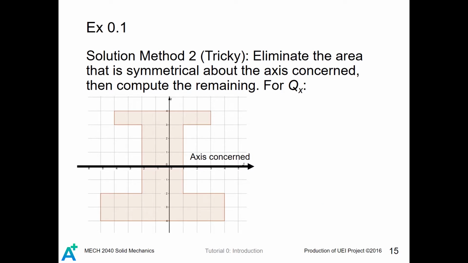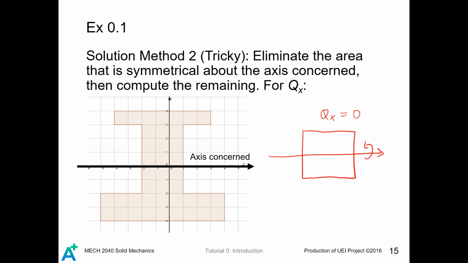Another method, which is a little bit tricky, is to eliminate the area that is symmetrical about the axis concerned. As we all know, just now we raised an example. It is about a 4 times 4 region, which is symmetrical about the x-axis. You can see that the Qx for this region is 0 because it is symmetrical about the axis we concern.